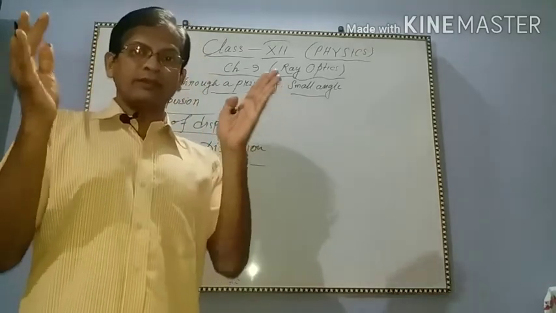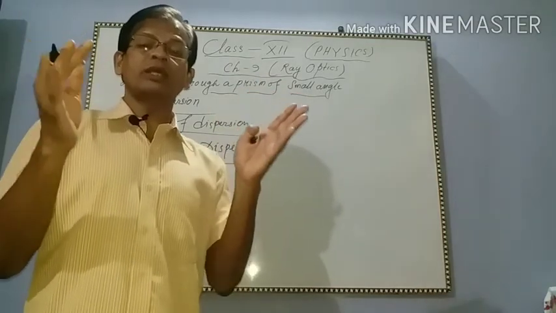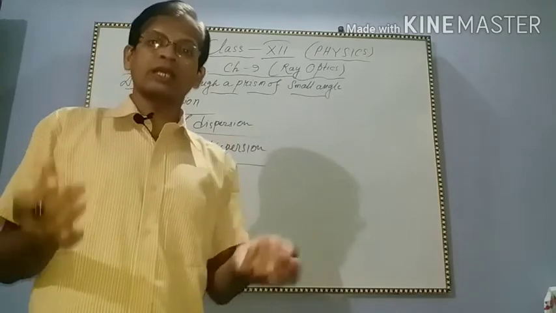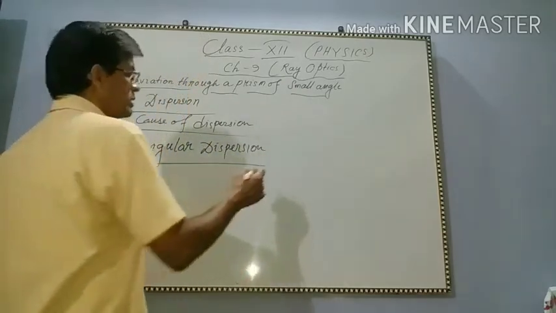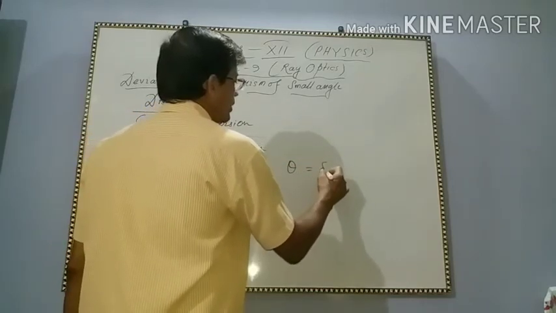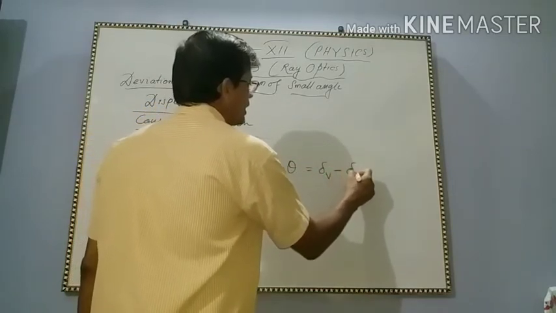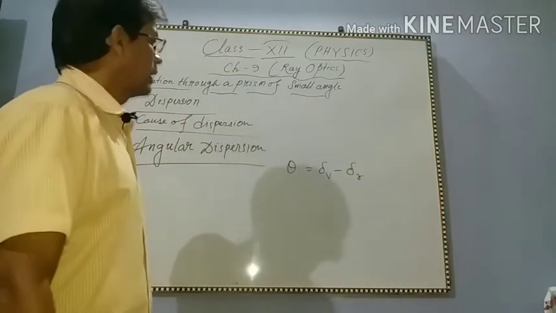The difference between the angles of deviation of the two end colors is called the angular dispersion. If angular dispersion is denoted by theta, then theta equals delta V minus delta R.